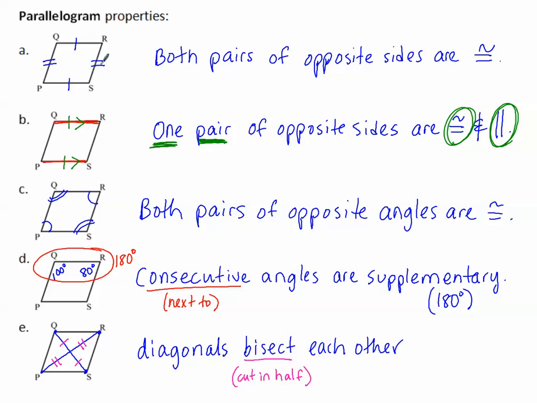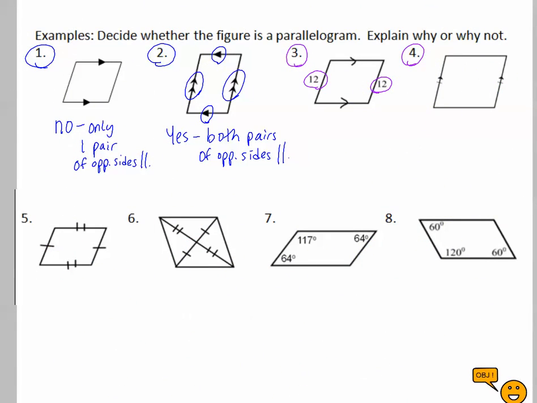If we combine congruent with parallel, then it needs to look like this, where it's the same pair of opposite sides that is both congruent and parallel. What is that? Where is that demonstrated? Here in number 4. This one follows that property where one pair of opposite sides is both congruent and parallel.